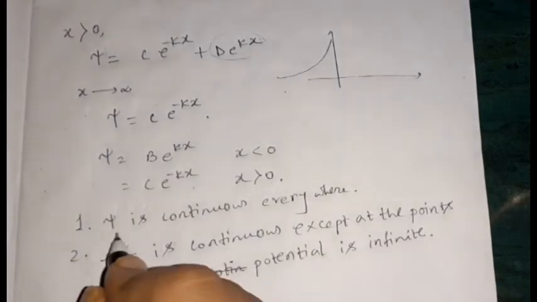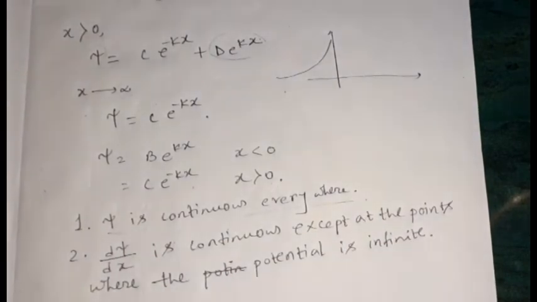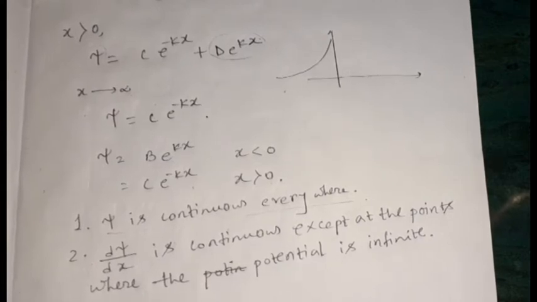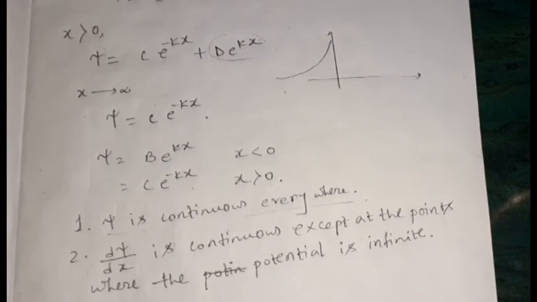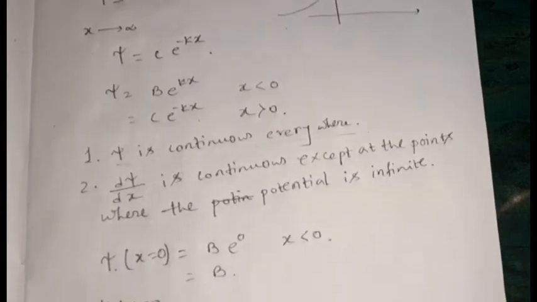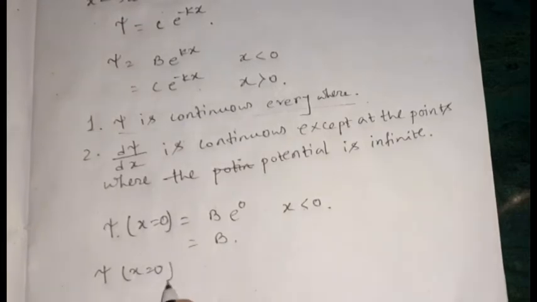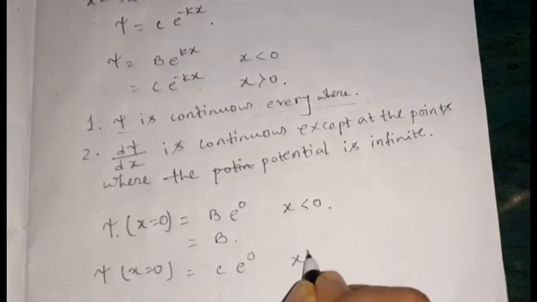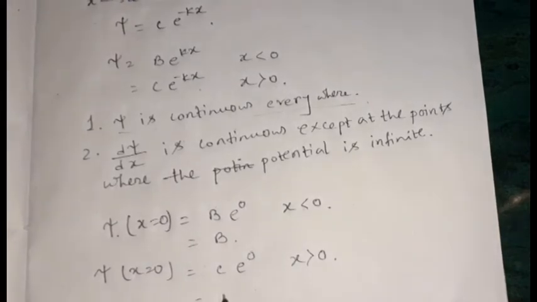So from the first condition we can easily get this equation: psi at x equal to 0 is b e to the power 0 for x lesser than 0, so we get b, and psi at x equal to 0 for c e to the power 0, x greater than 0, we get c.